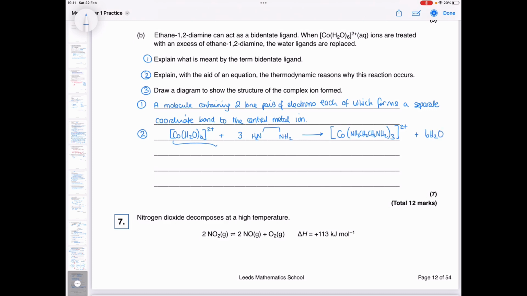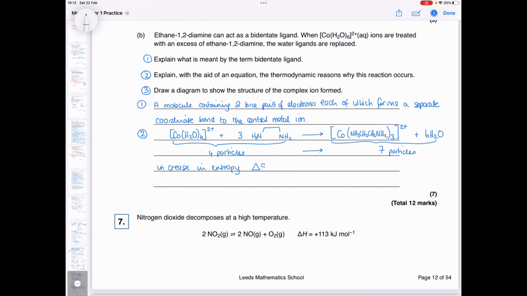And then on the left hand side we've got 4 particles, and on the right hand side we've got 7 particles. So we have an increase in entropy.